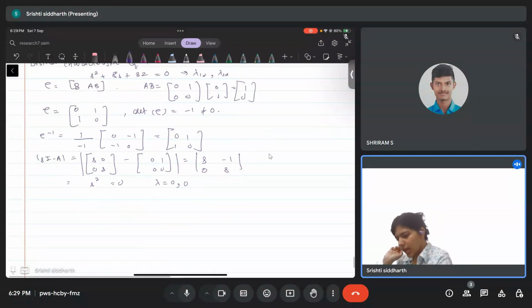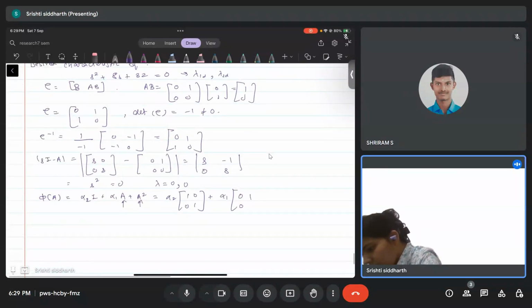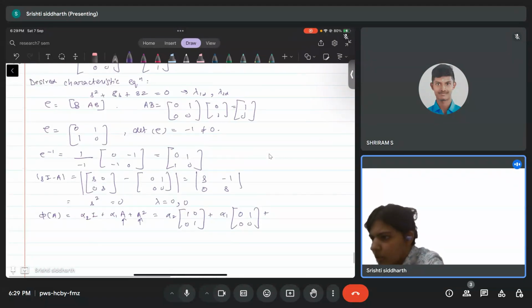So the characteristic polynomial by the Cayley-Hamilton theorem is given by, let's start with the lowest power of A, alpha 2 times I plus alpha 1 times A plus A square. So we already have the matrix A. After substituting this, we get alpha 2 times [1 0; 0 1] plus alpha 1 times [0 1; 0 0] plus A square.